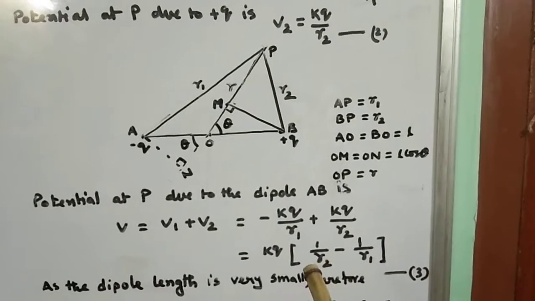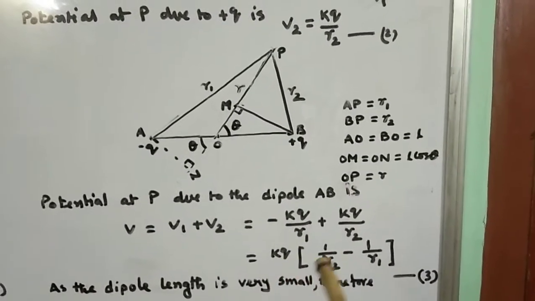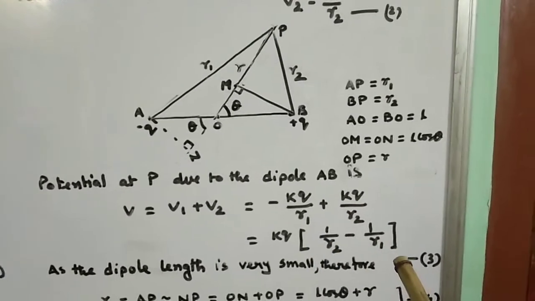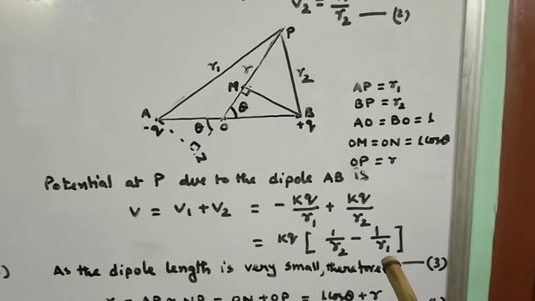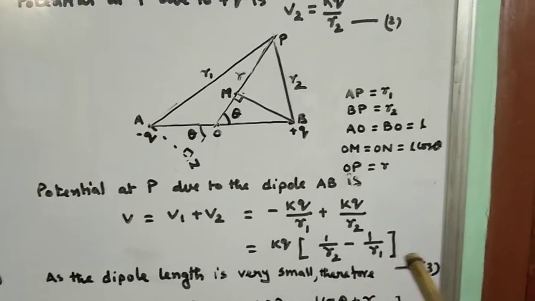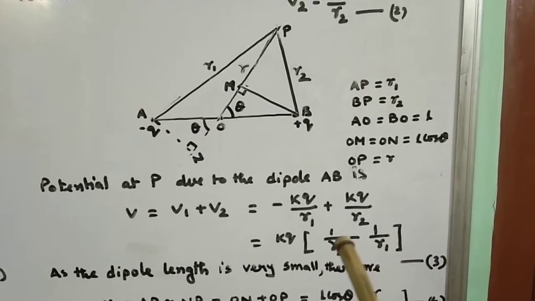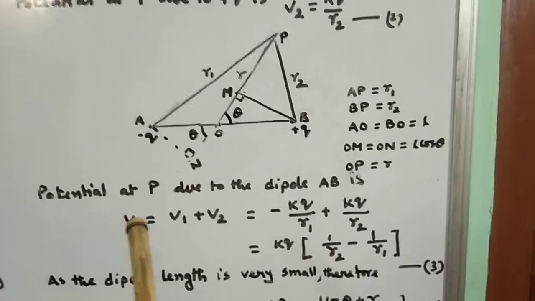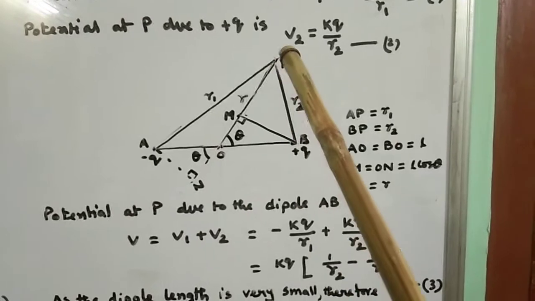Take the common part outside the bracket. KQ is common, so here it should be 1 by R2 minus 1 by R1. Now our job is to define R2 and R1, and after finding R1 and R2 we will substitute them in expression 3 to define the potential V due to the dipole.